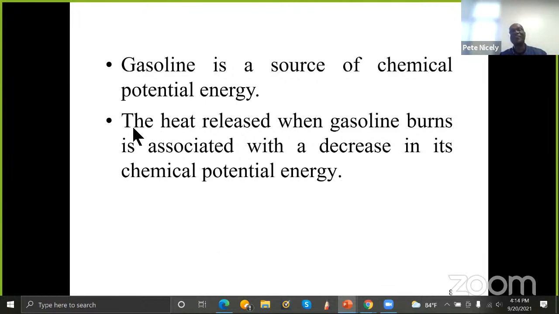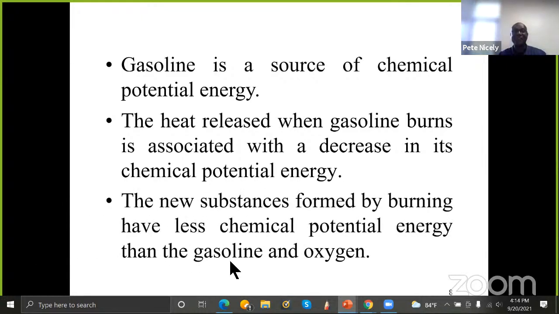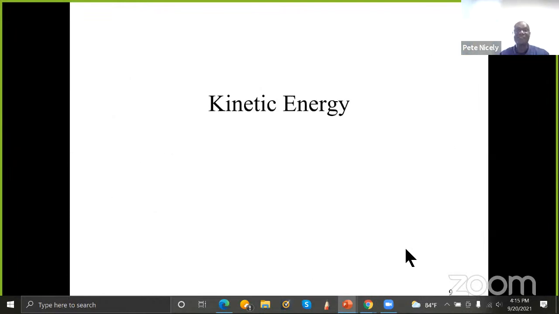So the heat released when the gasoline burns is associated with a decrease in potential energy. The products of the burning of gasoline, which are basically carbon dioxide and water, will have less energy compared to the gasoline that forms them, which is stated right here: new substances formed by burning will have less potential chemical energy compared to the gasoline and the oxygen that the gasoline reacts with when it burns.